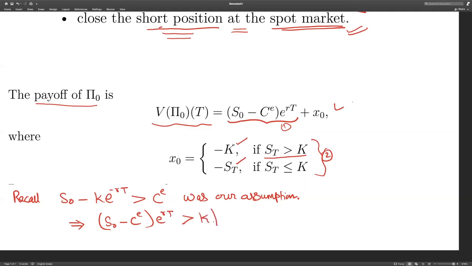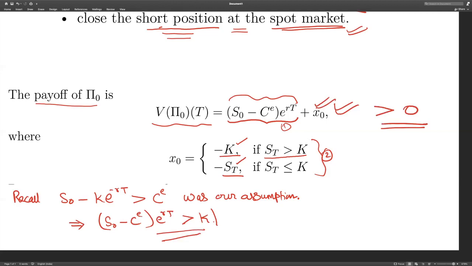Now compare this with your portfolio value. You can see that this term minus K, or something less than K, is what is coming here. Therefore, this is always greater than 0 thanks to this assumption, right?